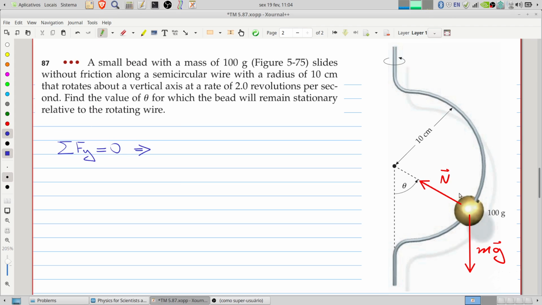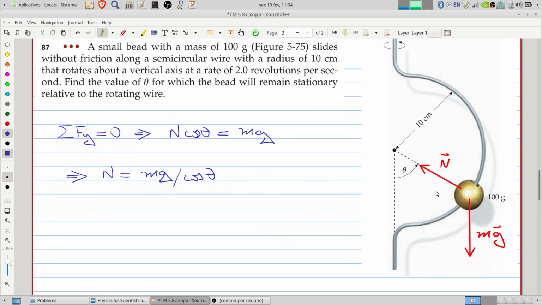So here we have N projected in the vertical direction, multiplied by cosine of theta, equals mg. Therefore, N equals mg divided by cosine of theta.